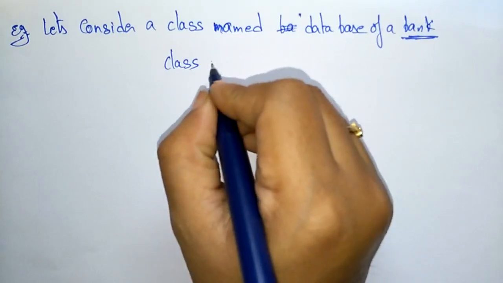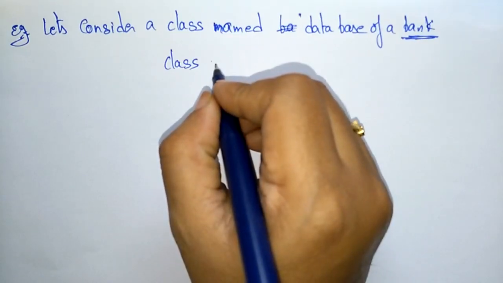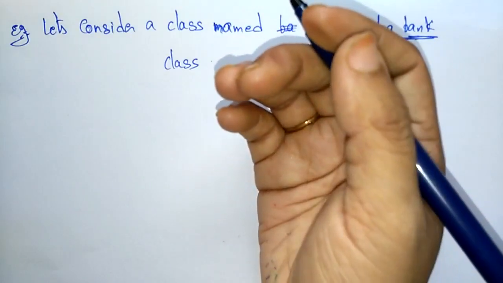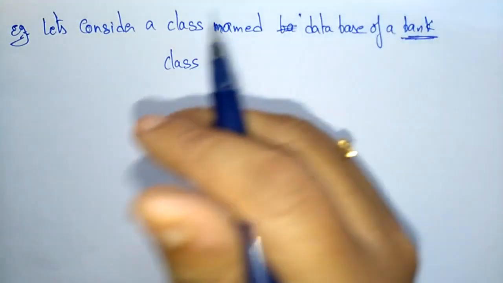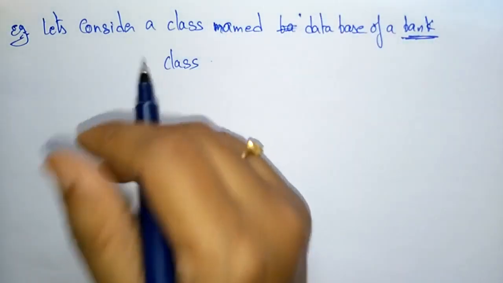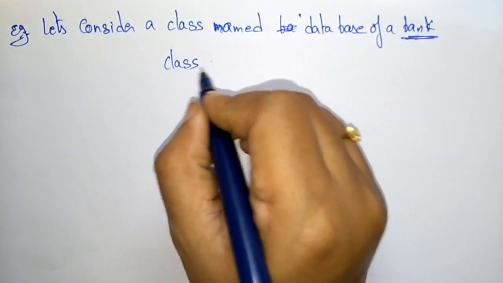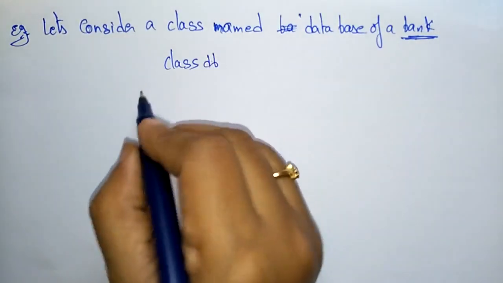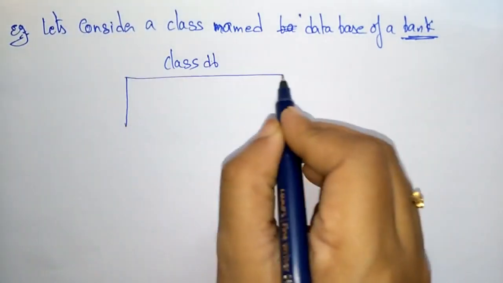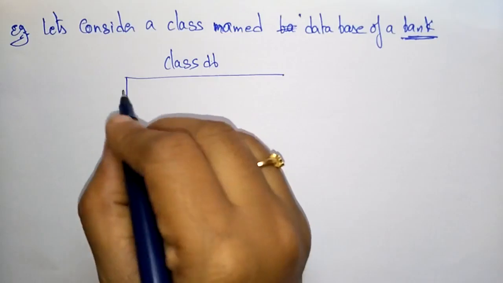The main concept you have to understand is where I'm using this abstract class and why I'm using it. That can be cleared in this example. In the class database, I create one virtual function.